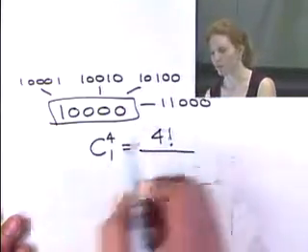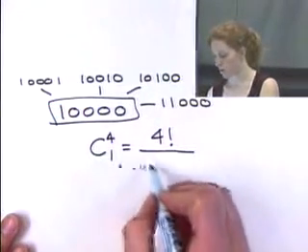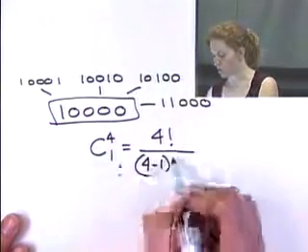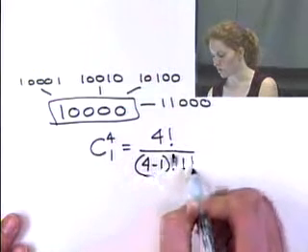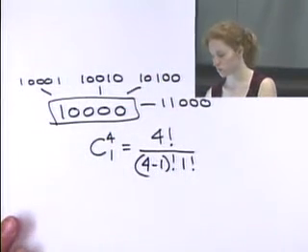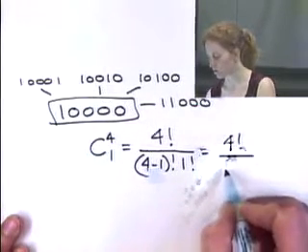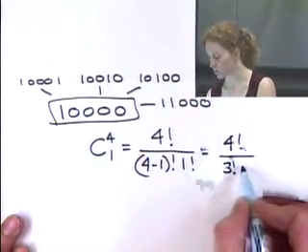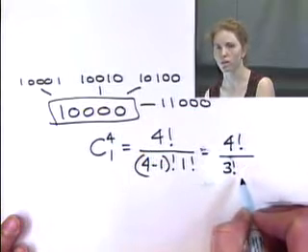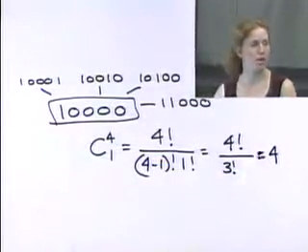It's 4 factorial over (4 minus 1) factorial times 1 factorial. That's 4 factorial over 3 factorial times 1, because 1 factorial is just 1, right? And that should be 1. Sorry, that should be 4, which is what we got.